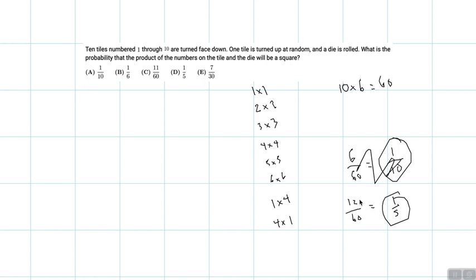Is that even 1? Or no, sorry. Where did I get 12? 8 over 60. Not even an option.